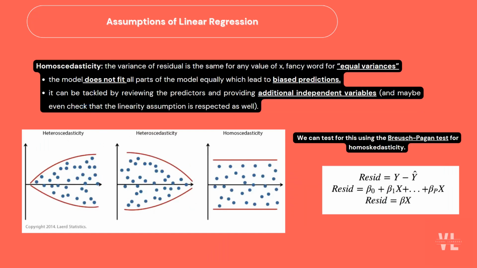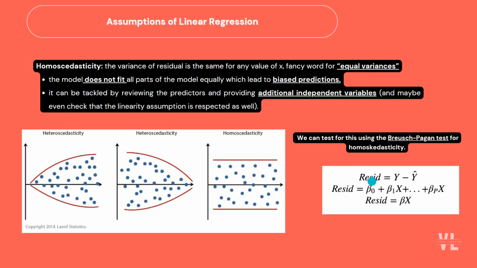Another assumption that we must consider is homoscedasticity, which is just a fancy word for equal variances. The variance of a residual is the same for any value of x.